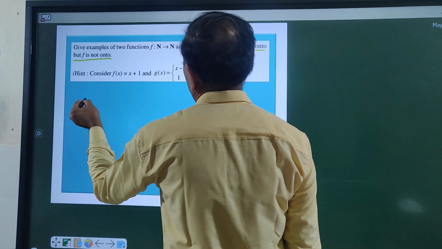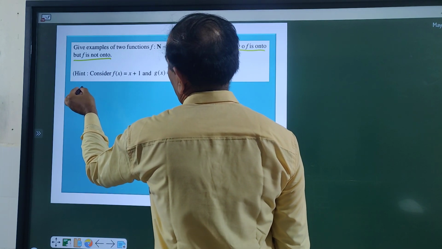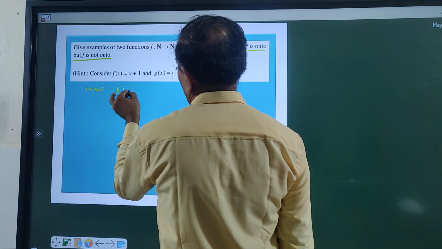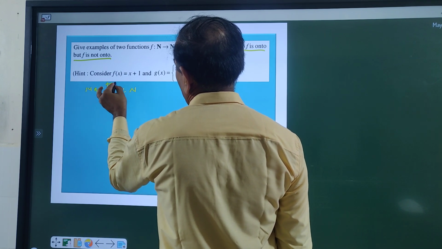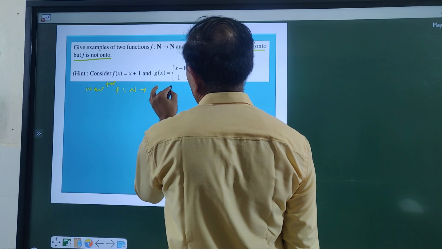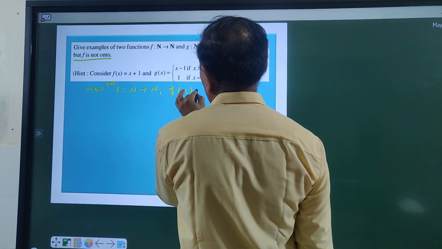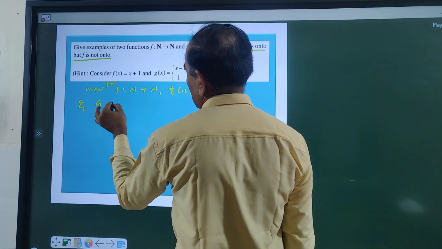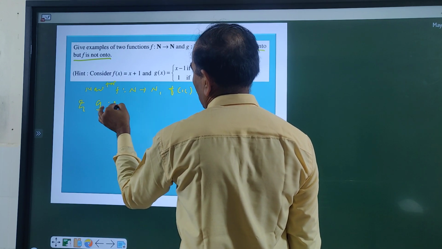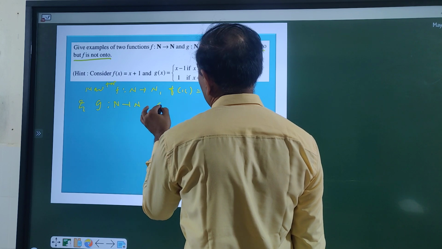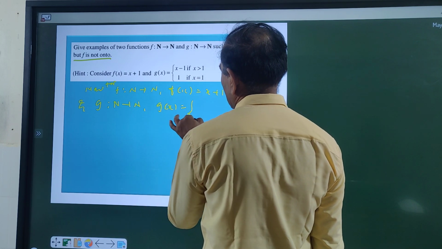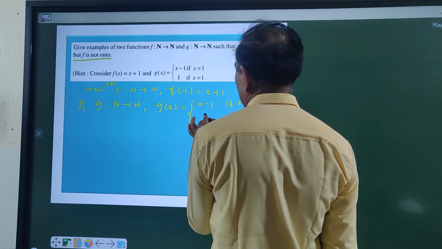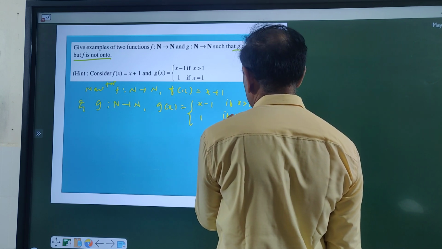N to N. Now, for f from N to N, f of x is equal to x plus 1, and g from N to N, g of x is equal to, let us consider, x minus 1 if x is greater than 1, and 1 if x is equal to 1.